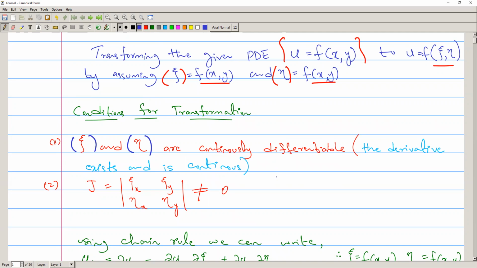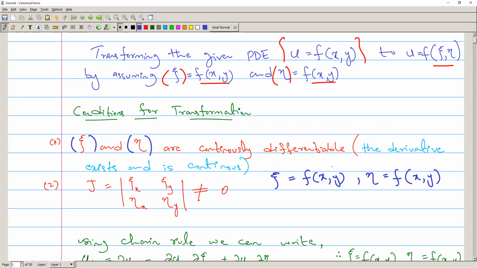So when we choose psi as a function of x and y, and eta as a function of x and y, we will see later how to choose these.